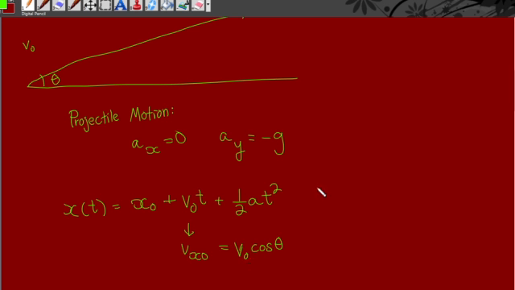And the same for v sub y naught, which is just v naught sine theta. Usually in these problems, to make it as easy as possible, we set the initial position as our origin, so x naught would be 0, and y naught would also be 0.